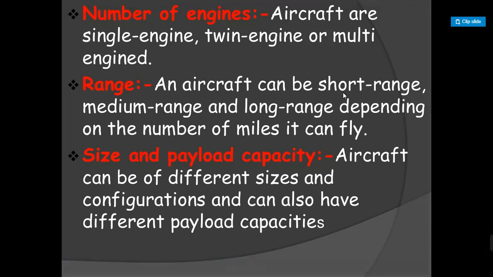Then we have mid-range, which covers farther domestic flights like Davao to Manila, and Southeast Asia, nearby places like Singapore, Thailand, Malaysia. But for long range flights, they cover very far routes like Manila to New York or Manila to LA, or Dubai to Australia non-stop. That is a very big range.